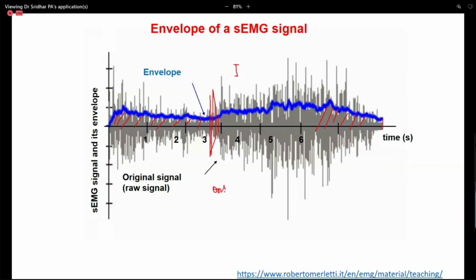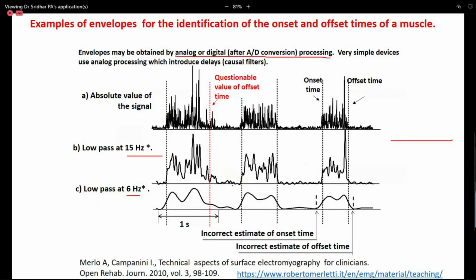There are many publications on when the onset happened and when the offset time starts. In order to identify this, you may see that in some cases there will be an incorrect estimate of offset time, which makes the value of the offset time questionable.